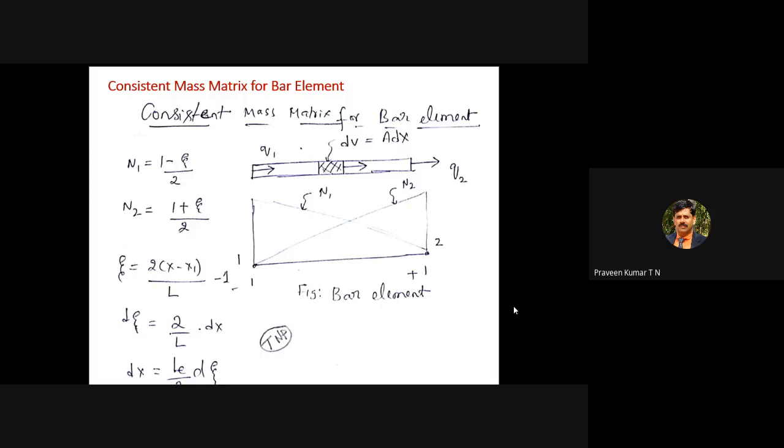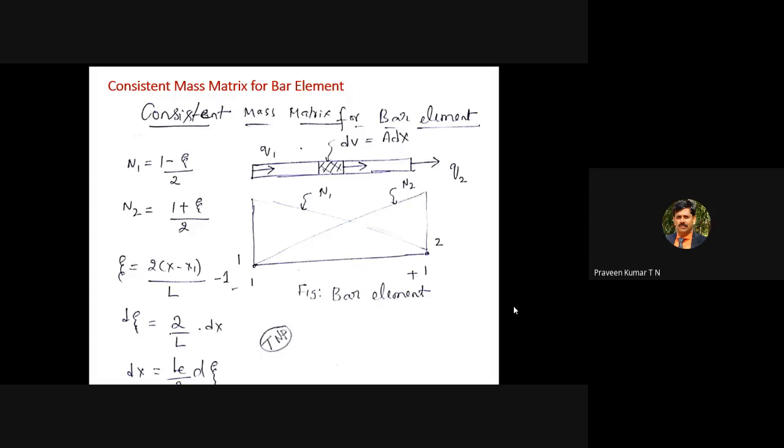The literal meaning of consistent is that the mass is consistent throughout the length of the bar. If it exists at each and every point of the bar, it is referred to as a consistent mass matrix. But in the case of the lumped mass matrix, once again, the total weight of the beam is, say, 1000 kg.